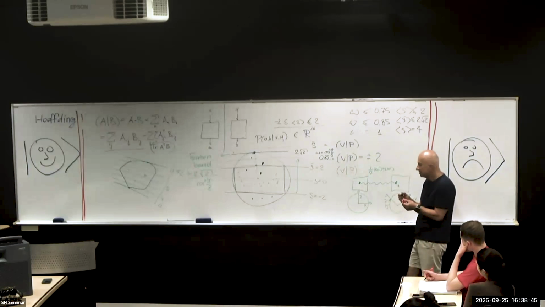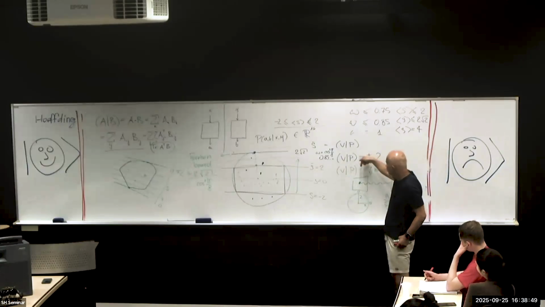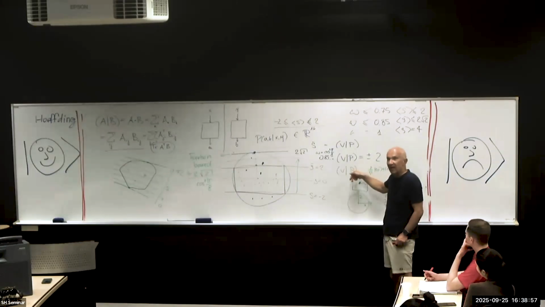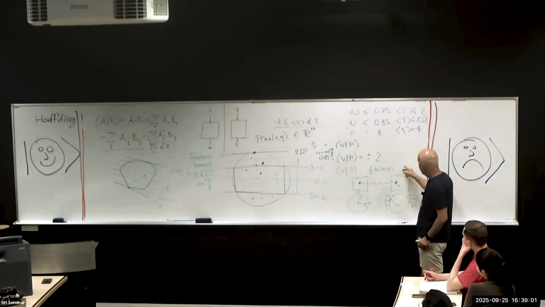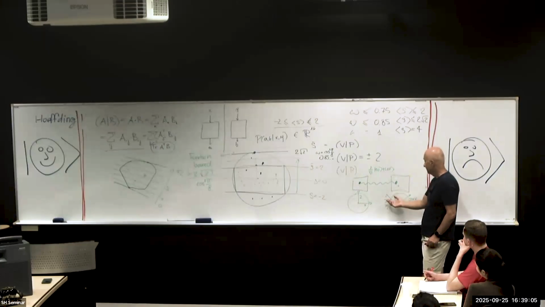So at this point I know exactly what happens: if I choose x equals 0, this box is measuring Z, and if I put x equal 1, this box is measuring X.